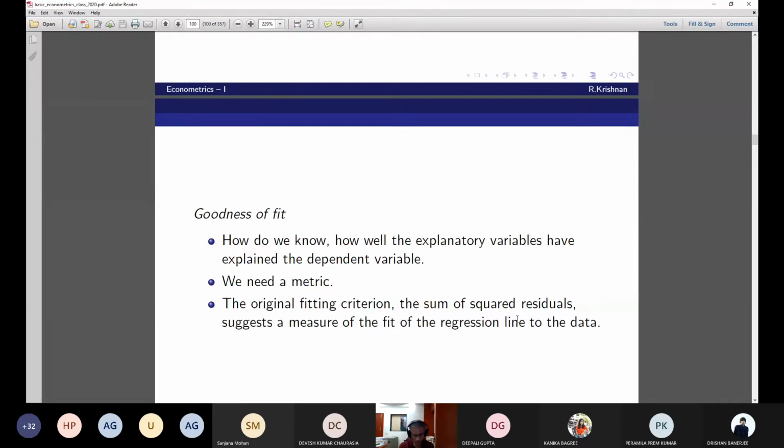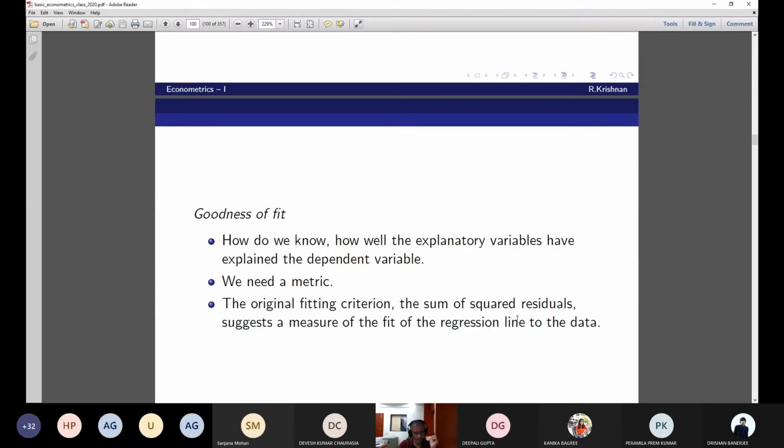The whole idea of any regression or any model setup is to explain the variation or the variance in the dependent variable. So we would like to have a metric or a measure to say how much variance or variation in Y has been explained by the set of independent variables.